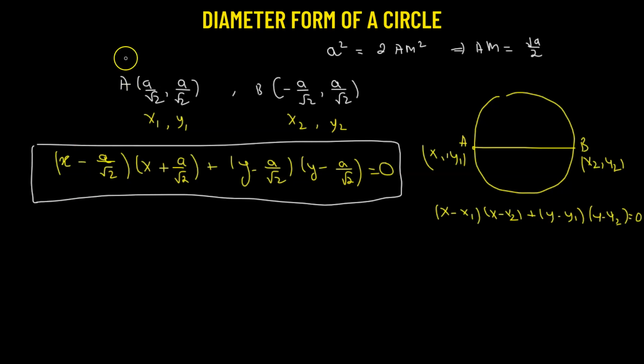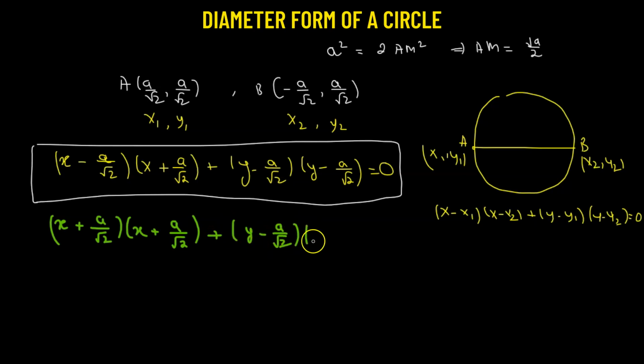The different equations of the circles are going to be: we'll have (x plus a over square root of 2) multiplied to (x plus a over square root of 2), added to it (y minus a over square root of 2) times (y plus a over square root of 2) equals 0.